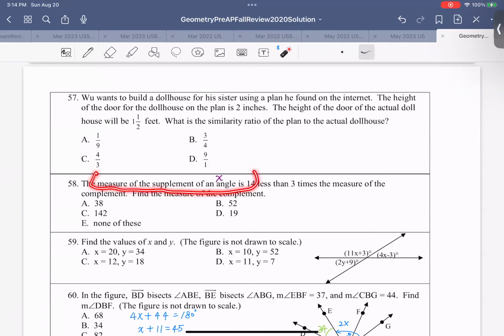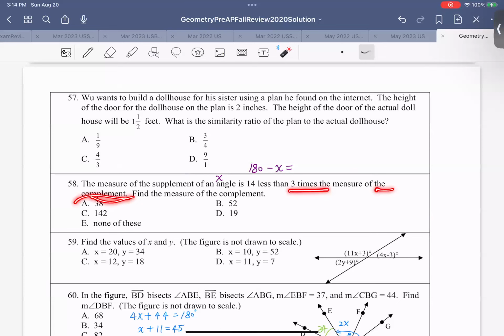So the supplementary of x will be? 180 minus x. This guy is 14 less than 3 times the complement.